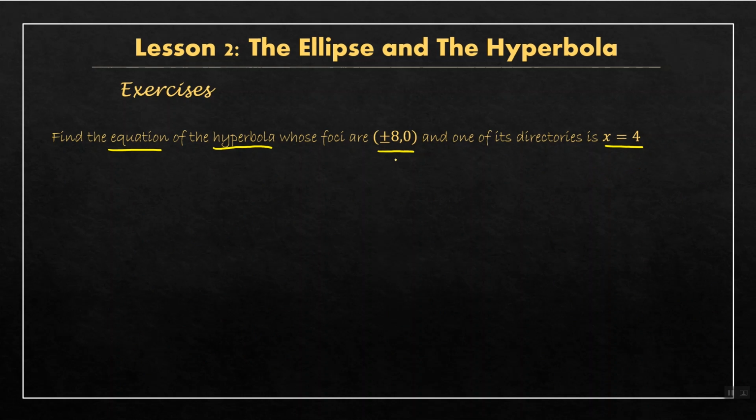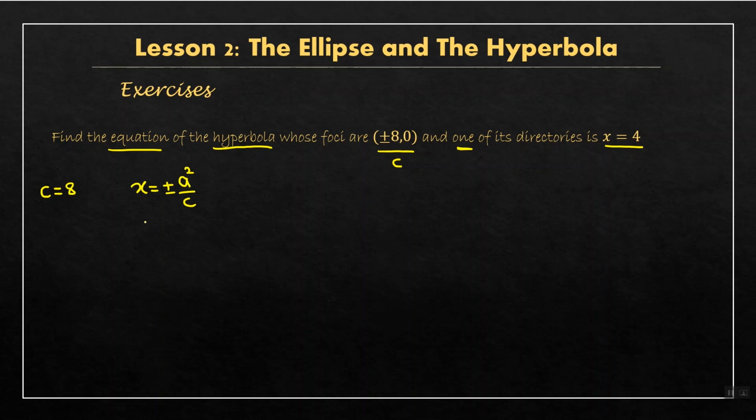Okay, let me show you this one. So the foci is C, so this is C. So here, C is equal to 8, okay? The directrix is x equals plus minus a squared over C. They say here one of the directrices, and they gave us the positive one.